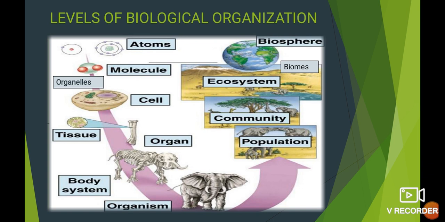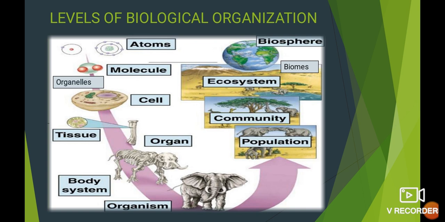So again, the levels of biological organization. On the smaller scale, we start with an atom, then molecule, then organelle, and then the cell as the foundation or basic unit. A group of cells becomes a tissue, then groups of tissues become an organ, and organs grouped together become an organ system or body system. Then all the body systems make up an organism.